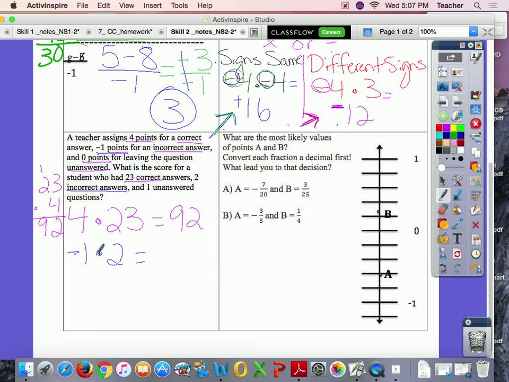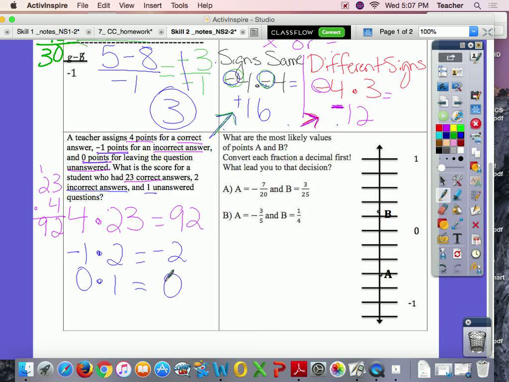We have a negative times a positive is a negative. So 1 times 2 is 2. Last one. We have for leaving it blank, 0 points times 1. Anything times 0 is 0.